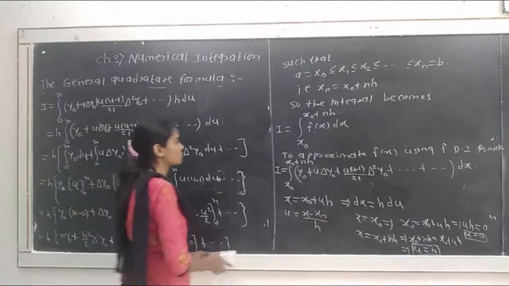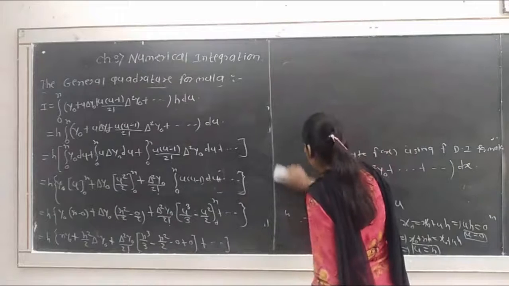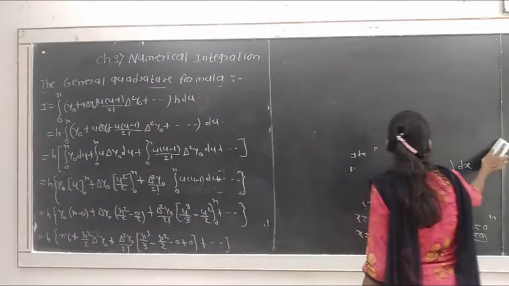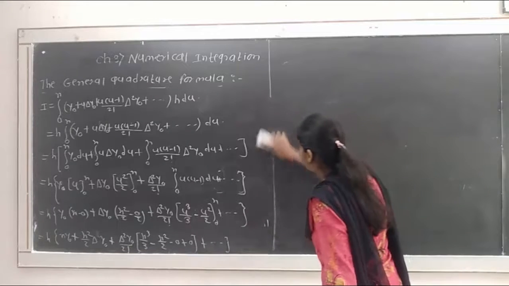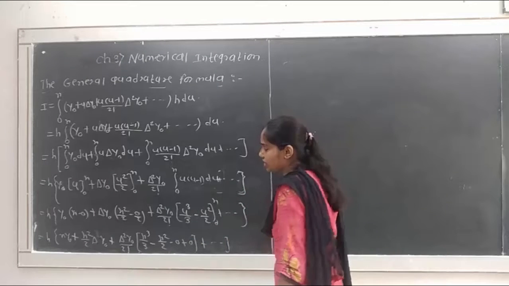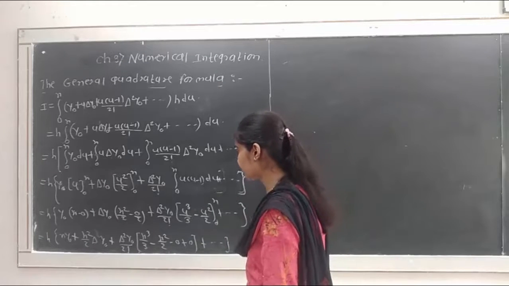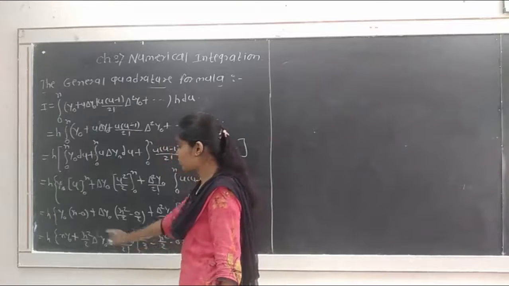Then we simplify to get the general quadrature formula. Each term contains n, so we take n outside from each term.